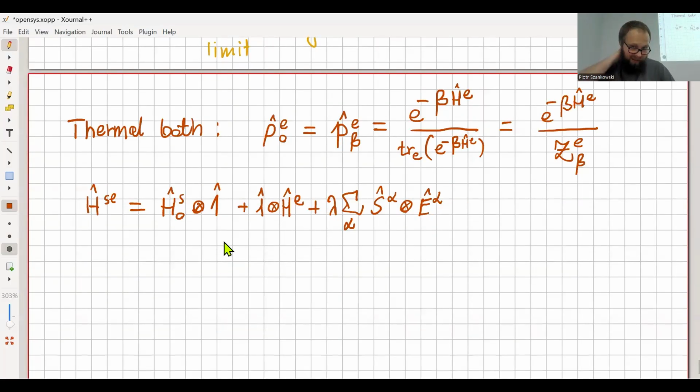And as we have done before, we will switch to a shifted system Hamiltonian and shifted interaction operator.